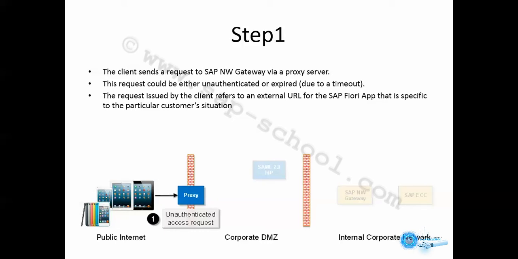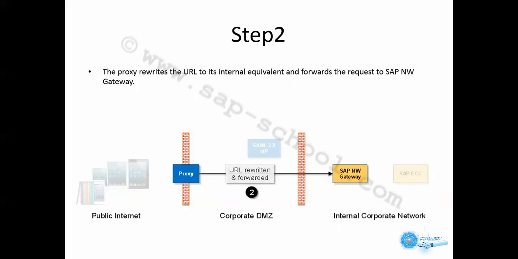Either way, the gateway server will respond to the client saying, I don't know who you are, so go talk to the SAML identity provider server. All the URLs passing through the proxy server are rewritten as required. We can see in the picture that the SAP NetWeaver gateway is sending the HTTP 302 response back to my proxy, and that will be sent to the client.